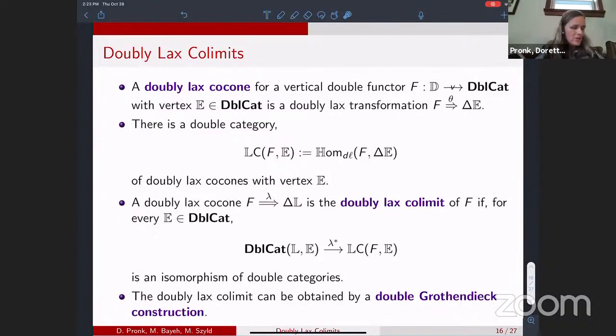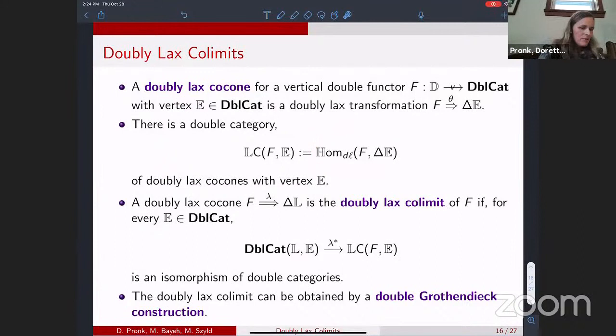If for every other potential cone I could come up with, so I take delta L, this is the one that we're going to define. Delta L is the doubly lax colimit if for any other E, there is an isomorphism of double categories between just taking the double functors between L and E, with transformations and modifications, and the doubly lax cones as defined above, which were also given in terms of this hom.